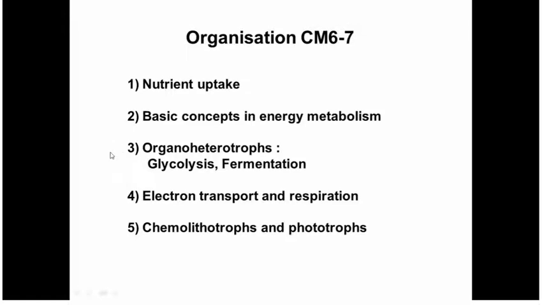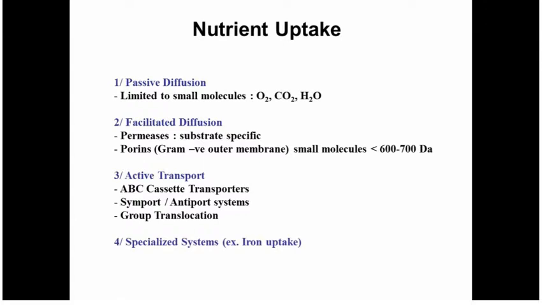Okay, so organoheterotrophs, getting energy from organic carbon. Firstly without oxygen, then with oxygen, and then we'll look at these weird types of metabolism, chemolithotrophs and phototrophs. So firstly, nutrient uptake.